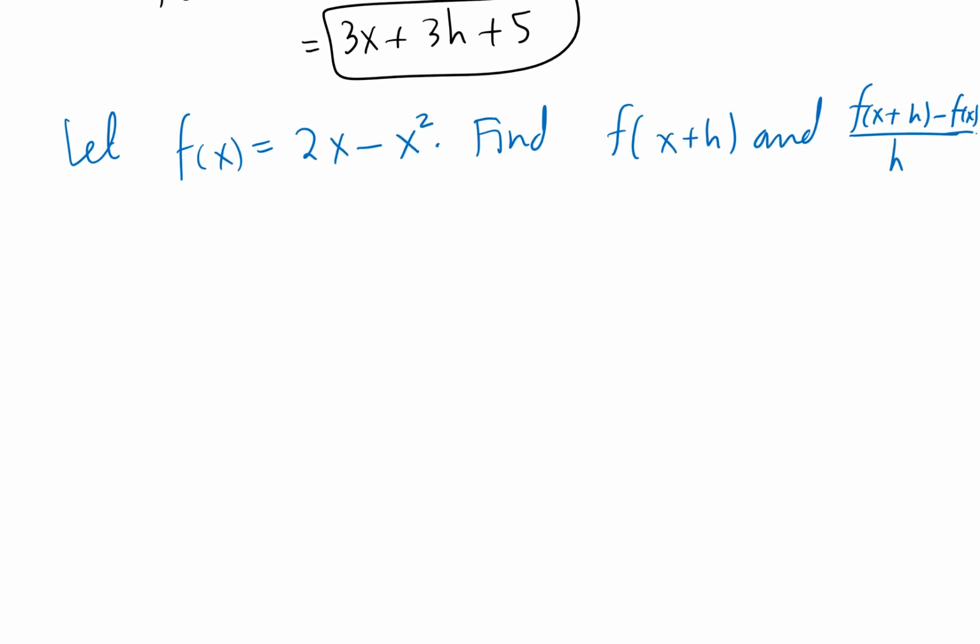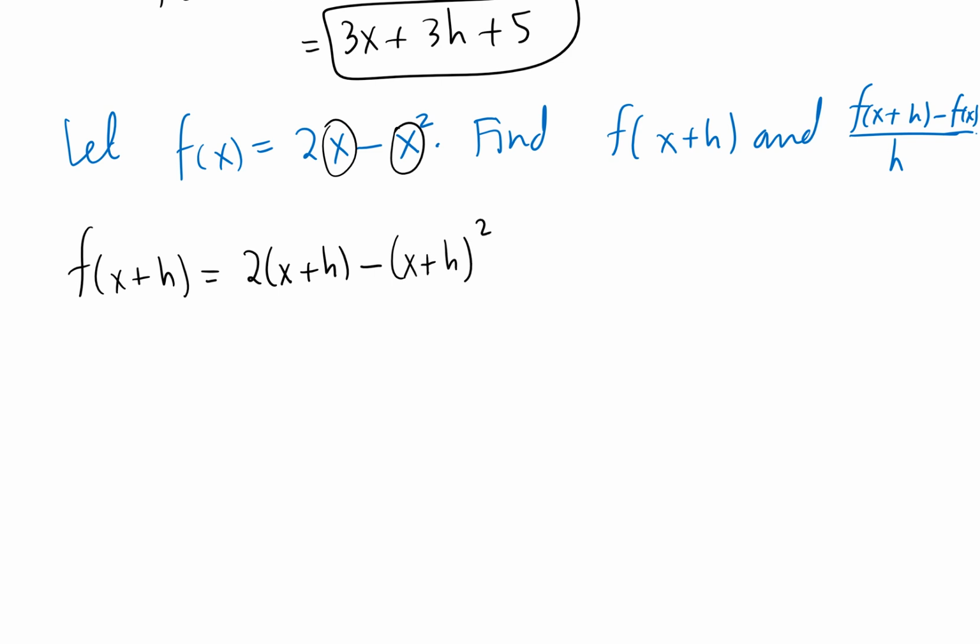Okay, so we can go over the first one, f of x plus h. We replace x with x plus h. So I replace this and this. But don't leave it like this. We need to simplify. For the first one, we can distribute the 2 in. Keep the minus out.